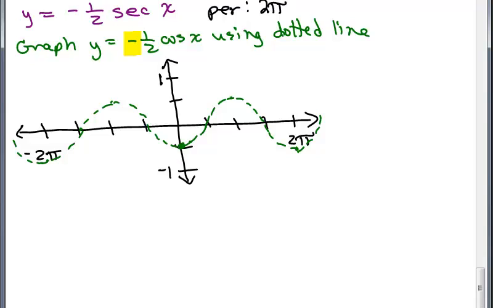Next thing we have to do is do our vertical asymptotes. So remember, we're taking the reciprocal of what you see for the y values, and anytime the cosine crosses the x-axis here, then we've got a y value of 0, but the reciprocal of 0 is undefined.